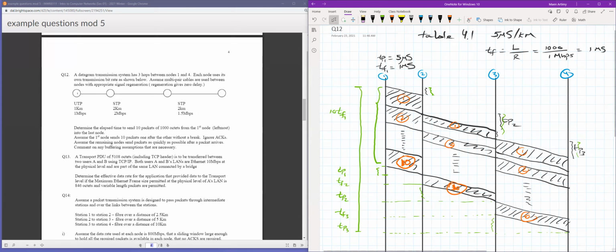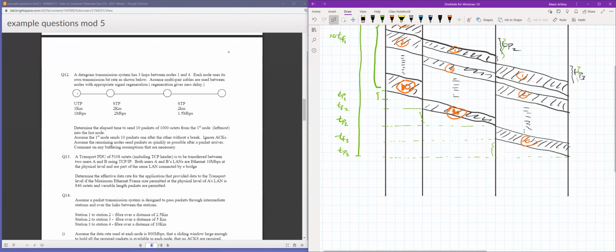Okay, so the total time equals 10 TF1 plus TP1 plus TP2 plus TP3 plus TF2 plus TF3.